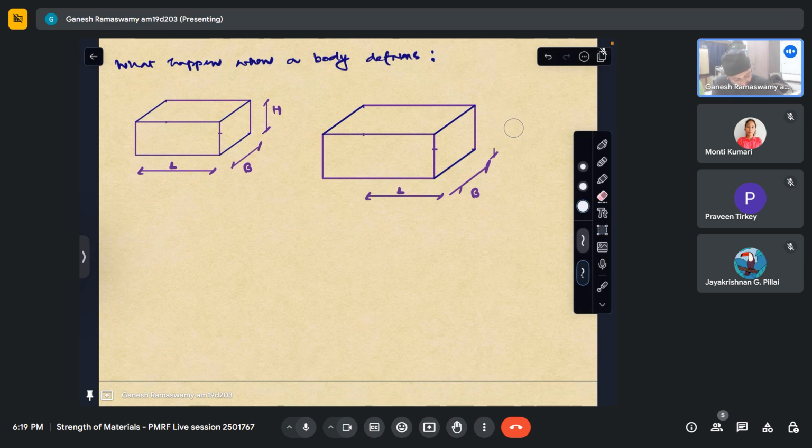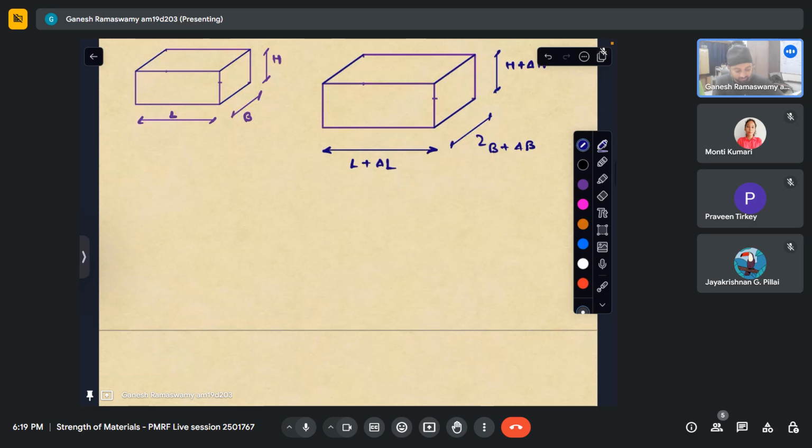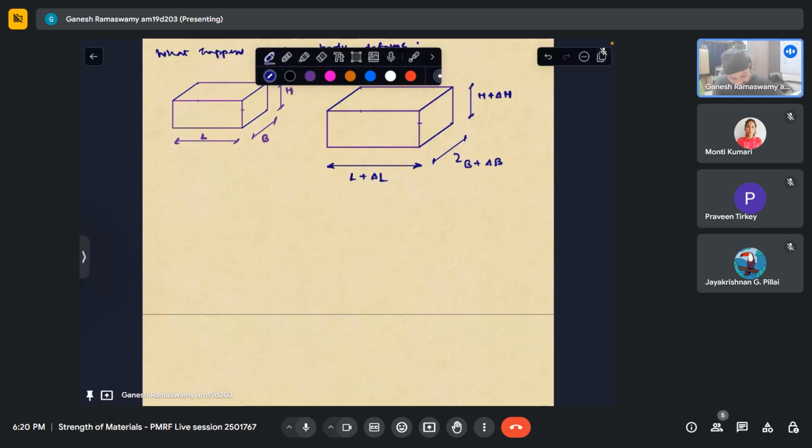I am not saying that it necessarily is volume preserving. It has expanded like this. So what has happened is the new dimensions are L plus delta L, let this be B plus delta B, let this be H plus delta H. I am not constraining that the delta quantity should be positive only. It may well be negative. That will depend on the problem, but I'm doing it for a general case.